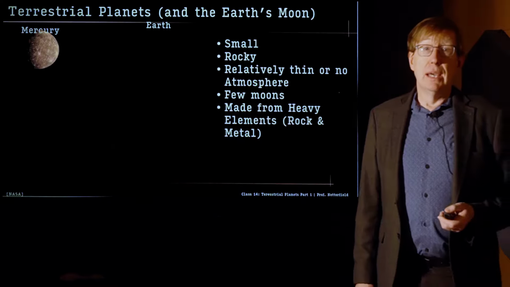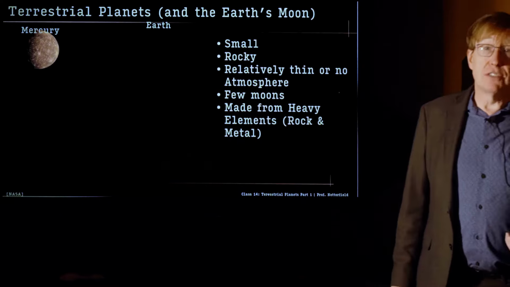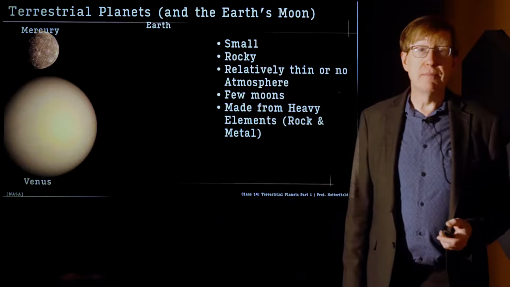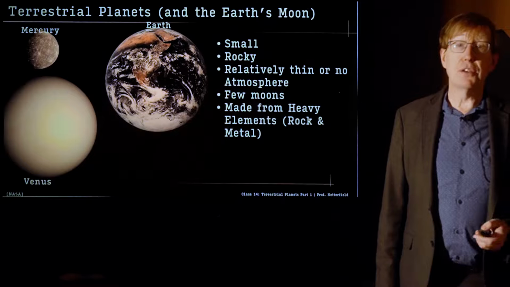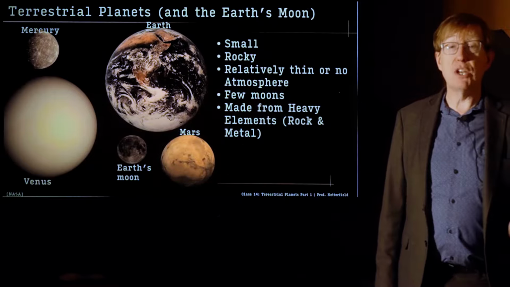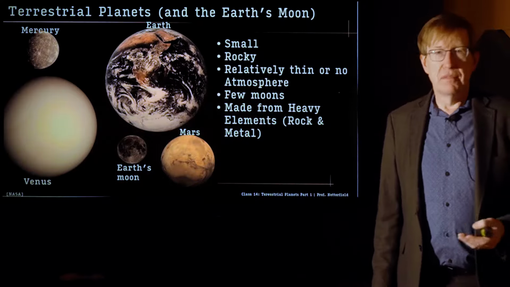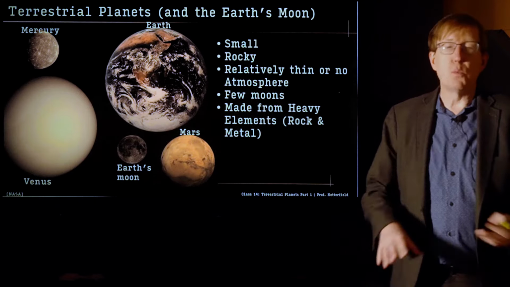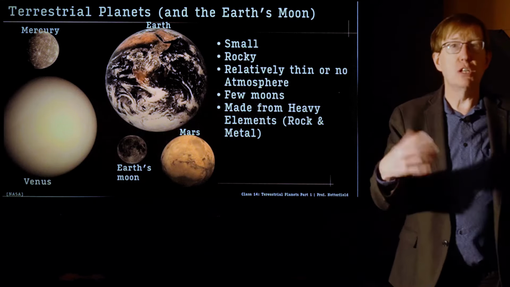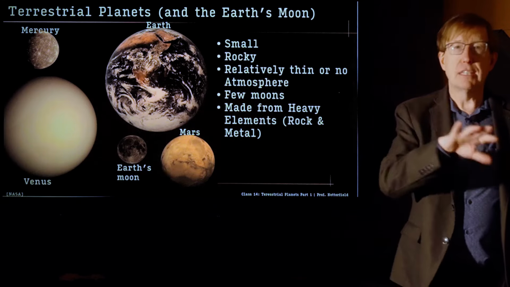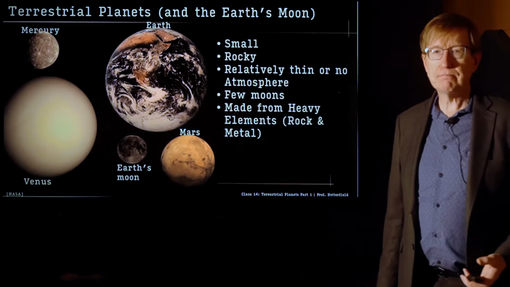Okay, let's get on to the terrestrial planets. The four terrestrial planets are Mercury, Venus, Earth, and Mars, and we're going to throw in Earth's moon. It's not really a terrestrial planet, but it's large enough that we're going to include it in our discussion, because it's going to be useful to talk about Earth's moon as compared to the other terrestrial planets.